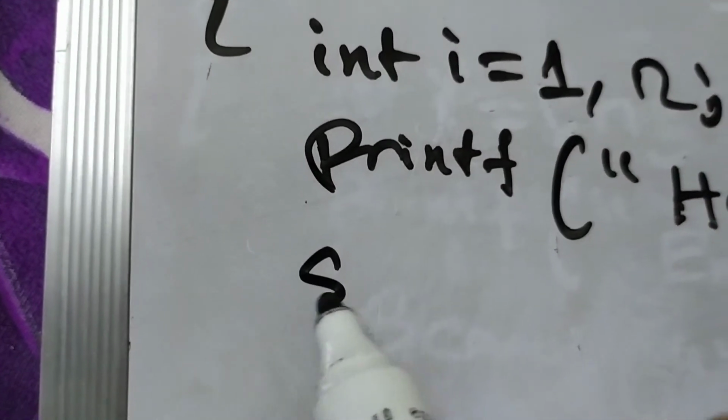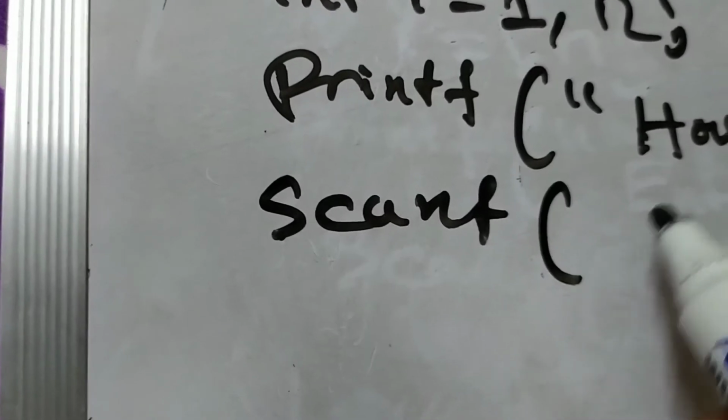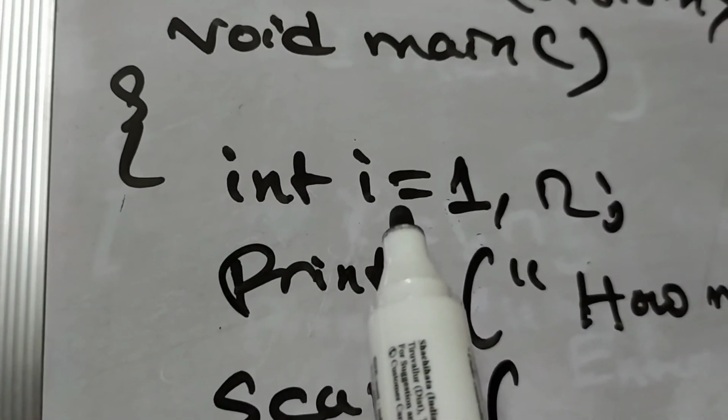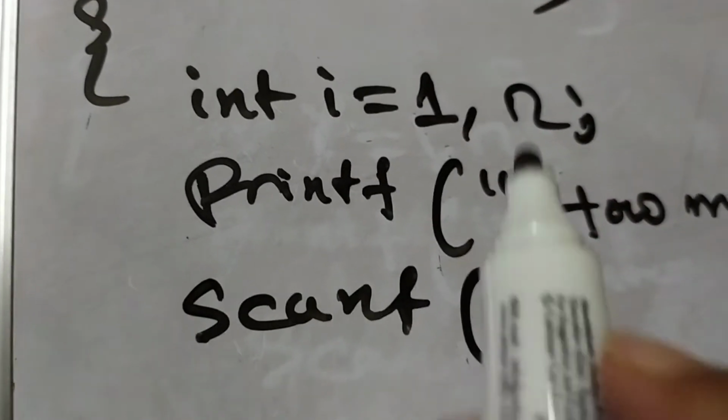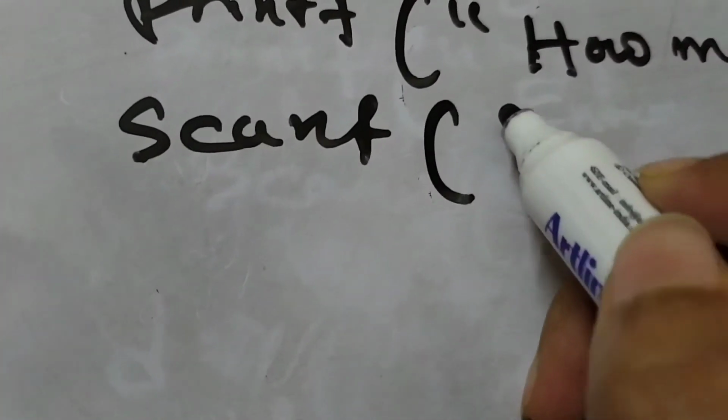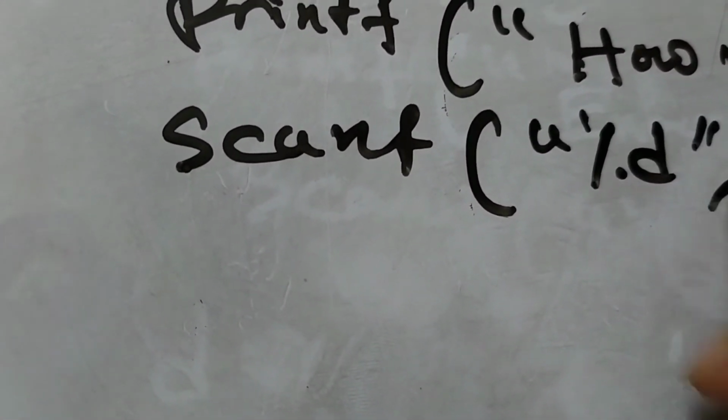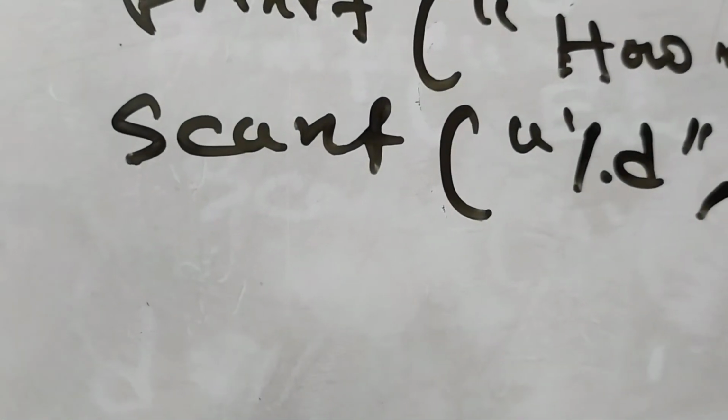Now scanf: i is an integer but not a variable because I have assigned 1 to it, so I will take the variable n, %d since it's an integer, and &n.